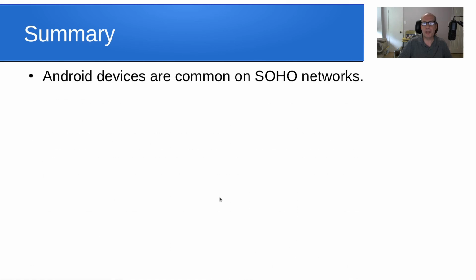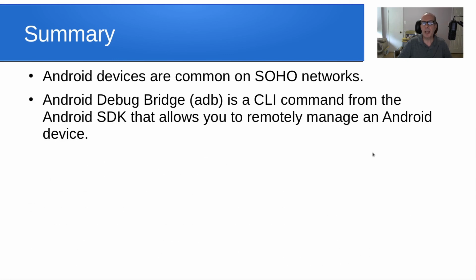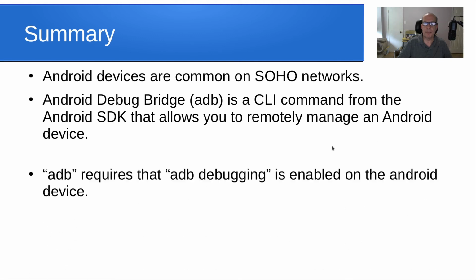So in summary, Android devices are very common on SOHO networks. A lot of small offices and homes, we've got all kinds of Android devices out there, and sometimes you don't even think of them as being Android devices. Android Debug Bridge, which is what ADB stands for, is a command language interpreter command from the Android Software Developers Kit that allows you to remotely manage an Android device.